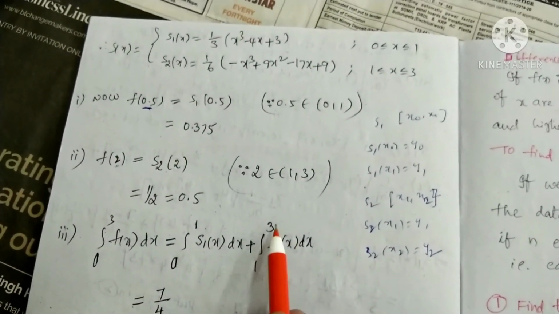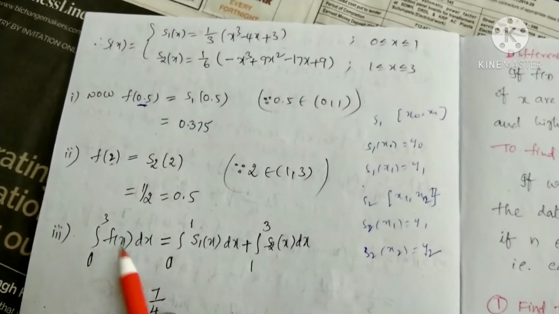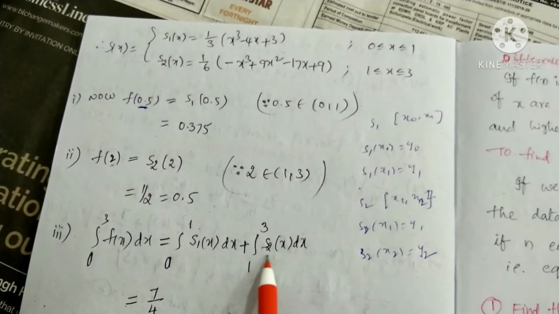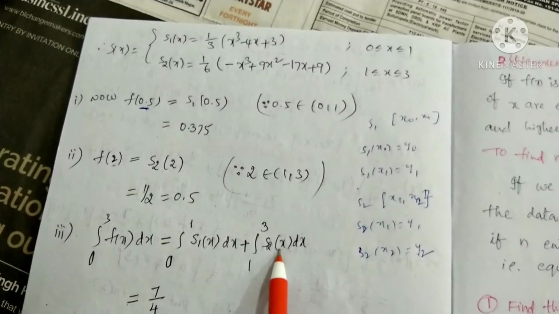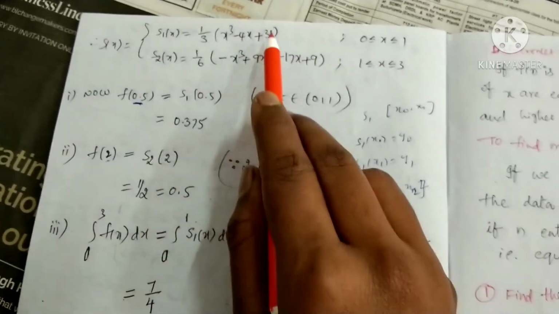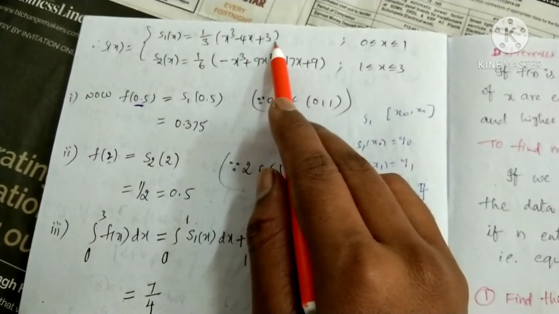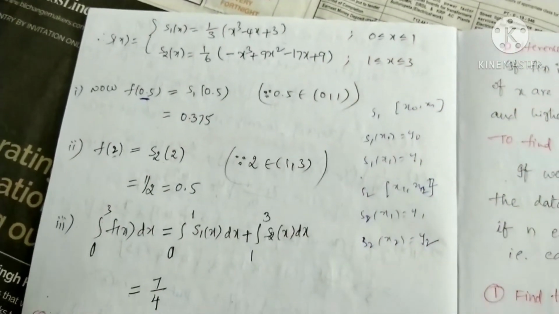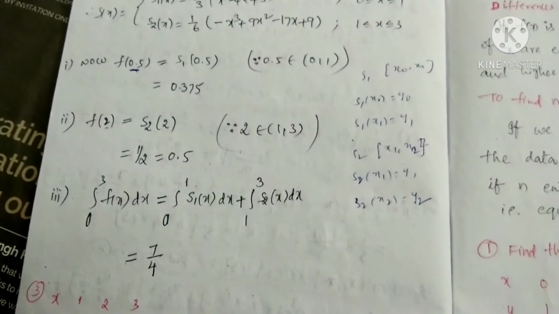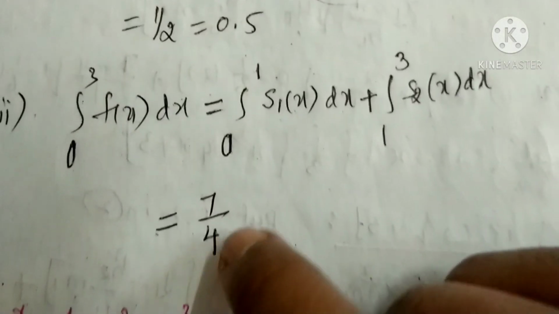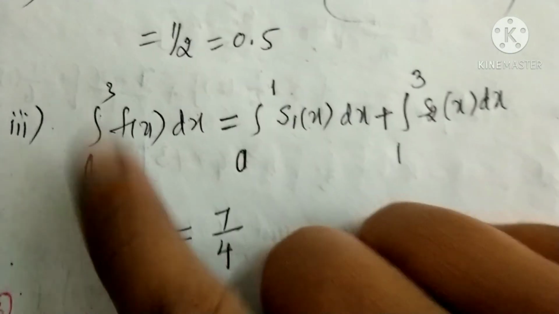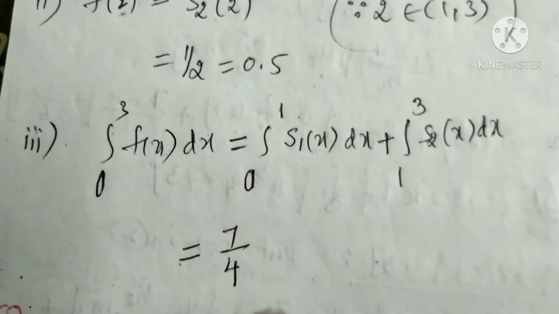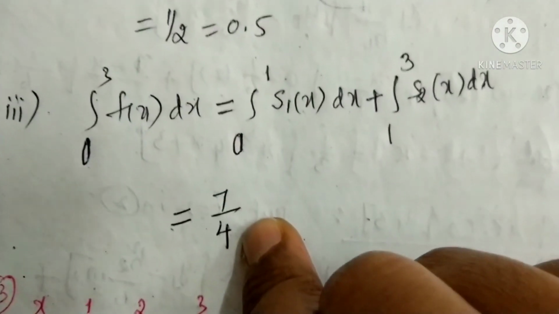And in the second subinterval 1 comma 3, our f of x is equal to s2 of x. Now in the first integration we use s1 of x, in the second integration we use s2 of x. Now by doing normal integration and applying the limits, we get the value as 7 by 4. That means the integral 0 to 3 f of x dx is 7 by 4.